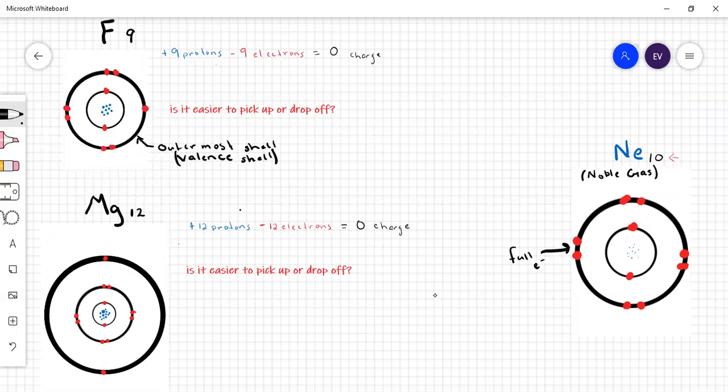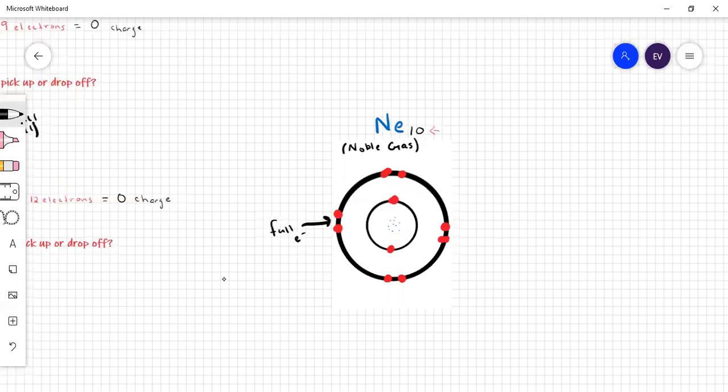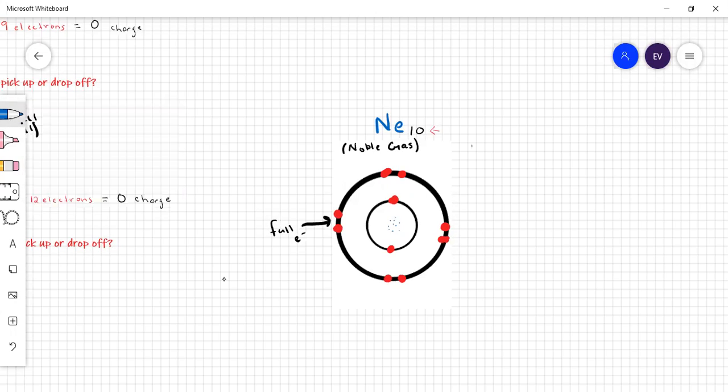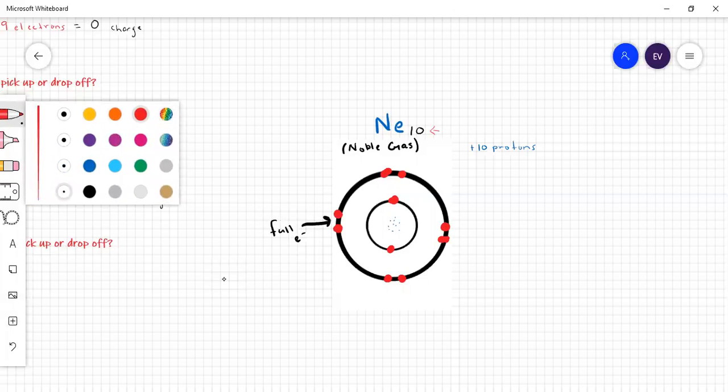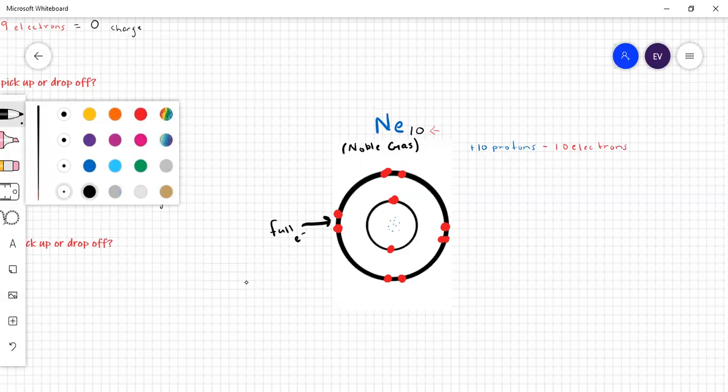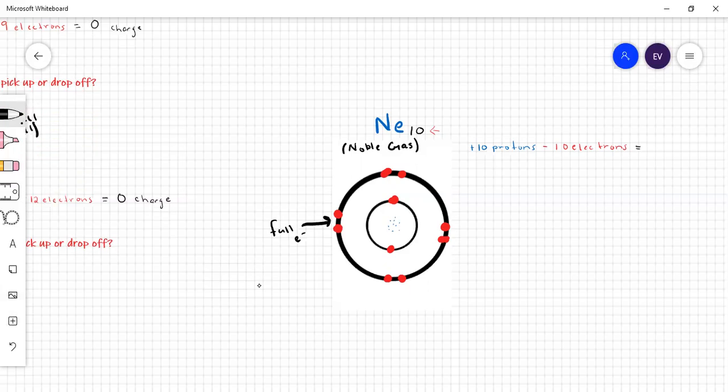Neon is no different. Neon also has protons. In this case, it has 10 protons. Okay, it has 10 electrons. And if I have 1 negative for every 1 positive, then I should be, here's a big word, electrostatically neutral. That means I don't carry a charge.